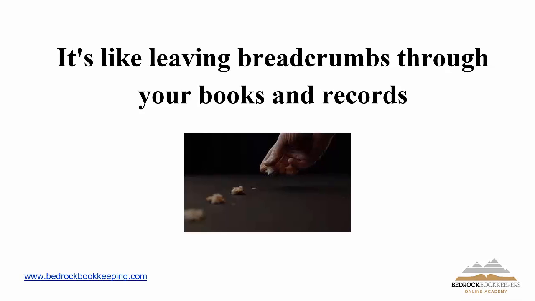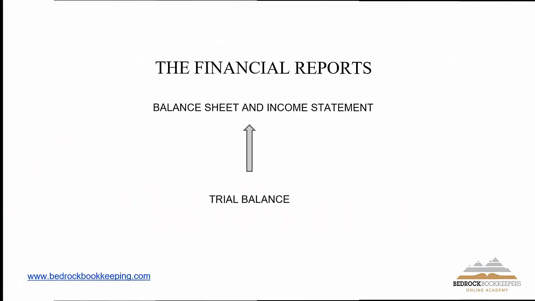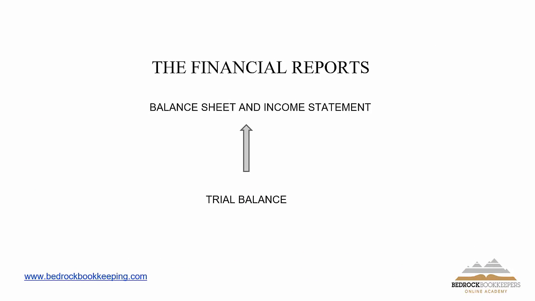So you have a virtual breadcrumb trail from that initial, hey, how you doing? You want to do business, to the invoice, to the check being paid, to the recording in the journals of the cash disbursements, cash receipts, the accounts receivable, the accounts payable, all the way back to your reports.